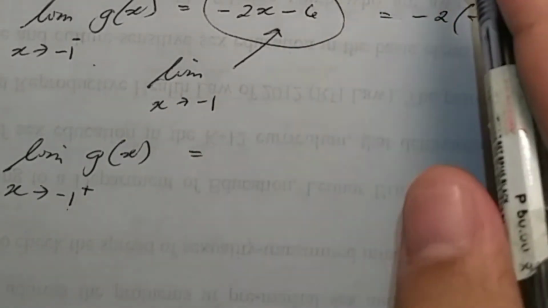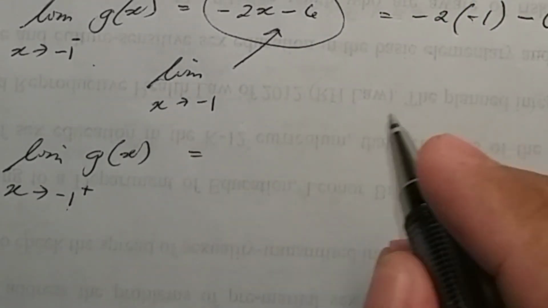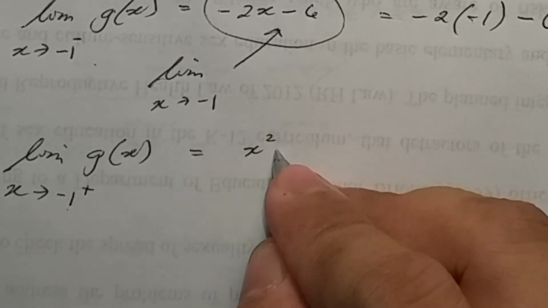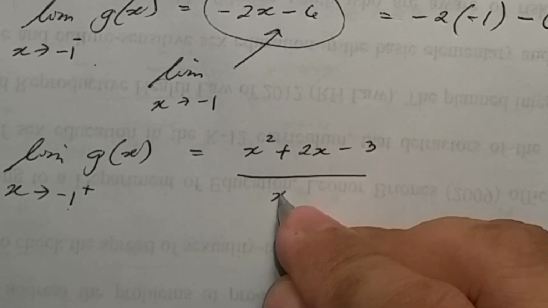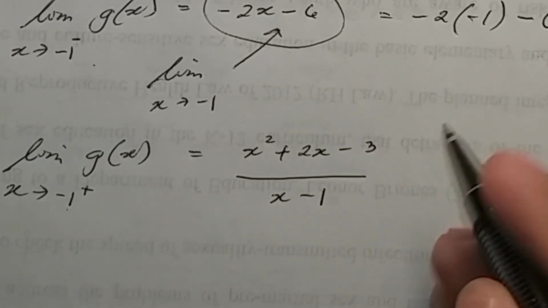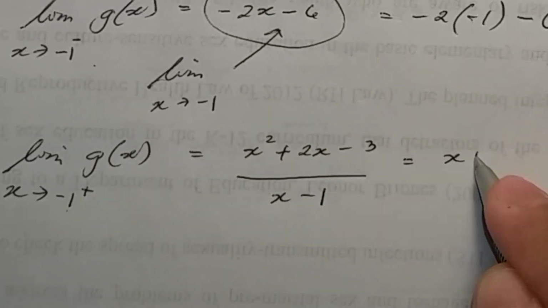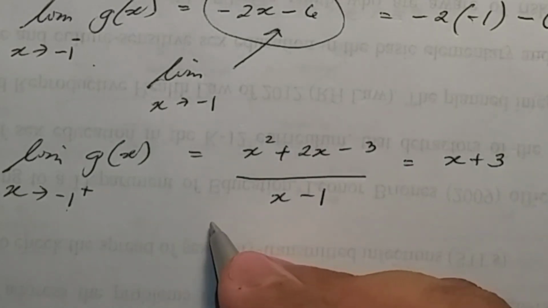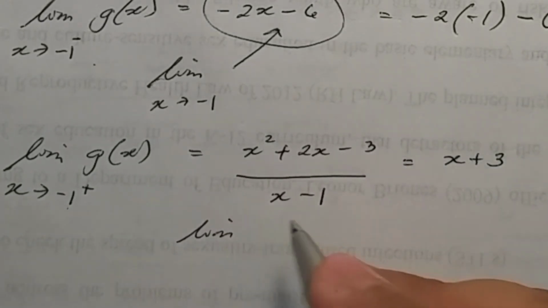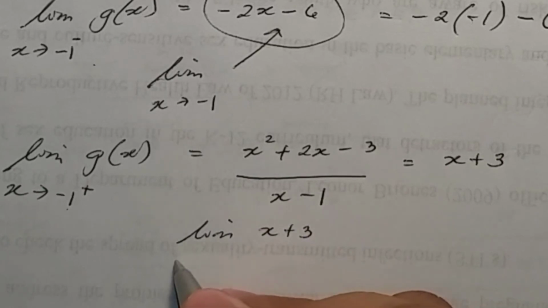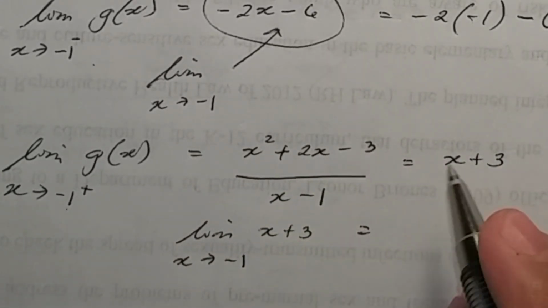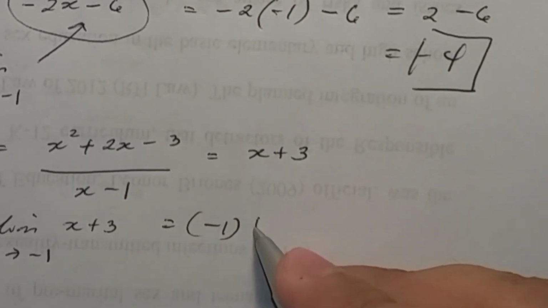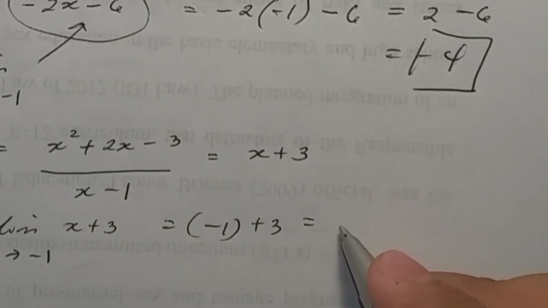Here we have the function x squared plus 2x minus 3 all over x minus 1, which is equal to x plus 3. Taking the limit of x plus 3 as x approaches -1, we have minus 1 plus 3, which is 2.